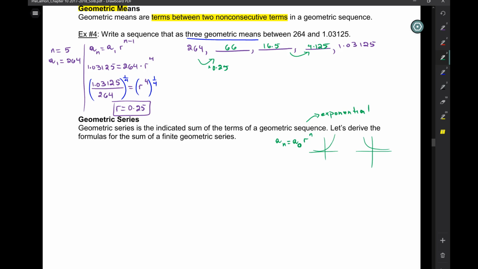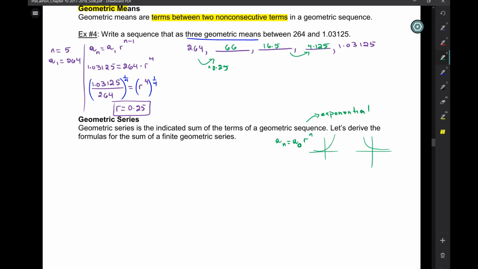What's the difference in the function for one graph versus the other? The exponent is negative, meaning what about r?